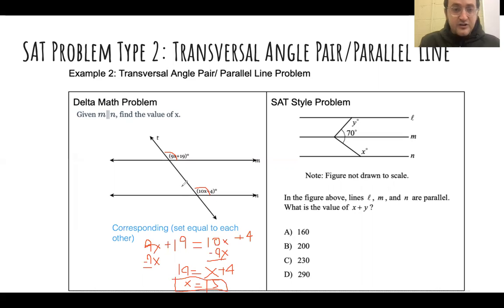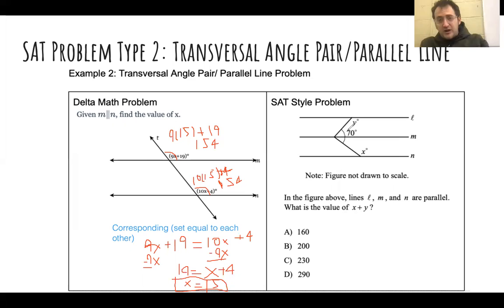And if I want to check, I could just do 9 times 15 plus 19. And I could do 10 times 15 plus 4. And I should get 154 on both of them. So that's how I could tell that I did them correctly.